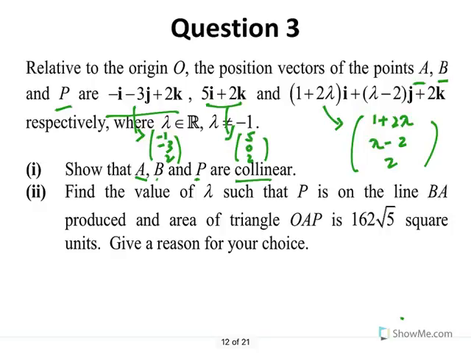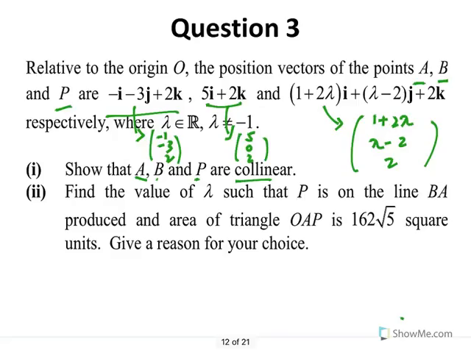Okay, anyone can describe what method you use? Lambda. AB parallel. Okay, there are a lot of ways to do it. One way: you want to show that A, B, P are collinear, right?